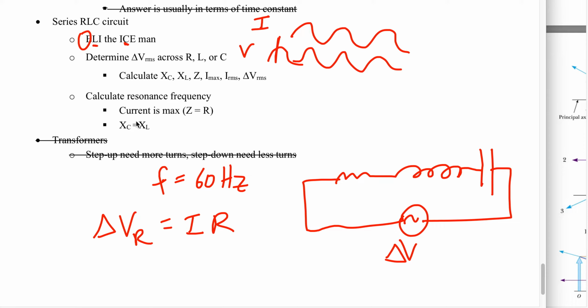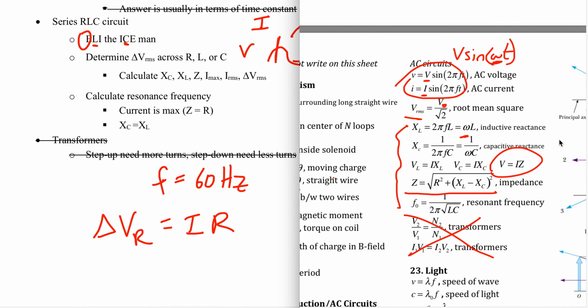So really these problems here are just kind of plug and chug, but just make sure that if you're not given the current in the circuit, then you need to find the impedance so that you can find the current. Now if you're given the current, then you can find the voltages across the devices by just using Ohm's law.